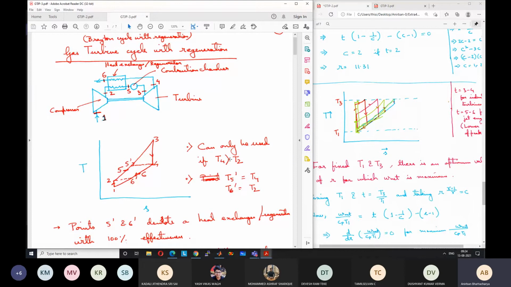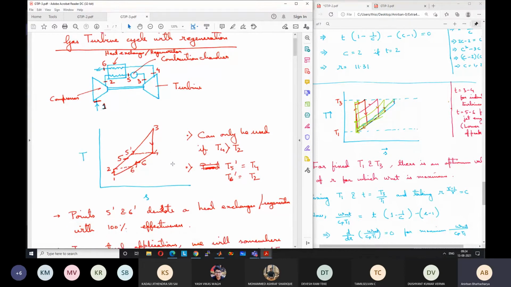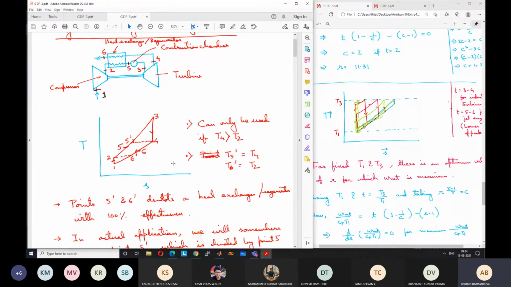Now, if the heat exchange process is ideal, ideal means full heat exchange can occur: there is infinite time available and infinite surface area for heat exchange, theoretically. Then theoretically, the maximum temperature that can be reached for the compressor outlet air is equal to the temperature of the exhaust gases.